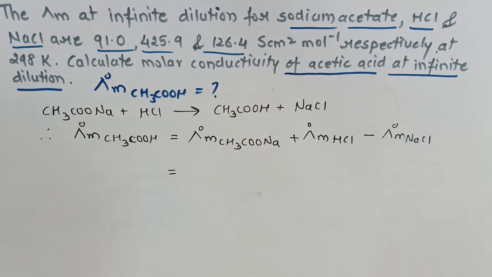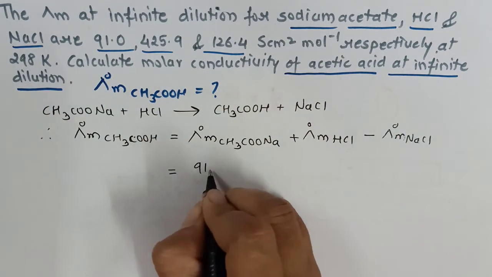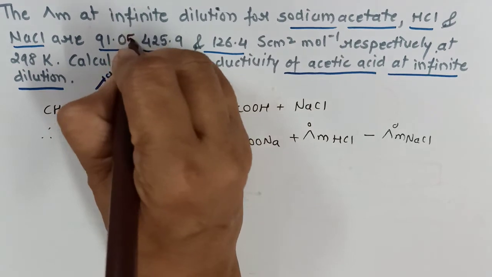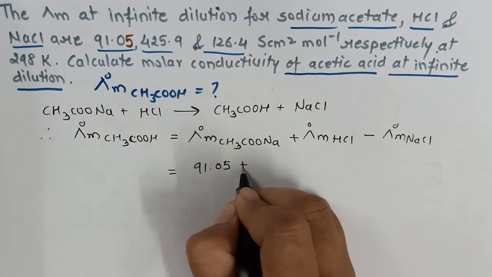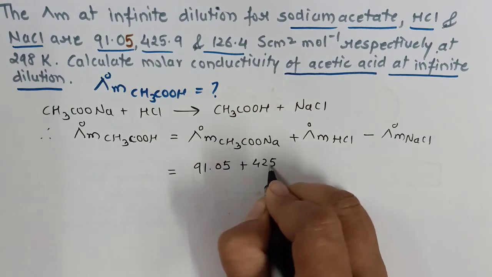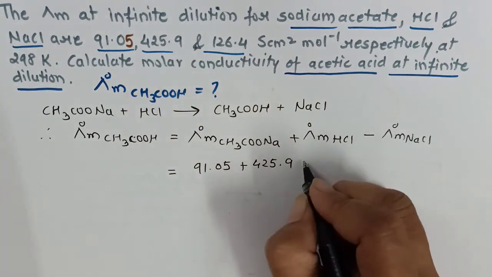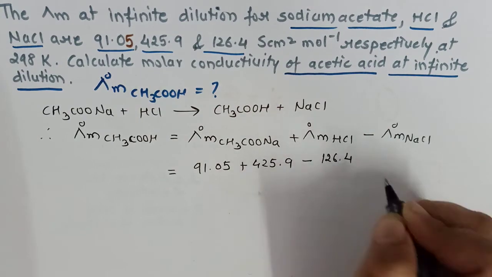Let us substitute these values. For sodium acetate, it is 91.05, plus 425.9, which is for HCl, and for NaCl it is minus 126.4.